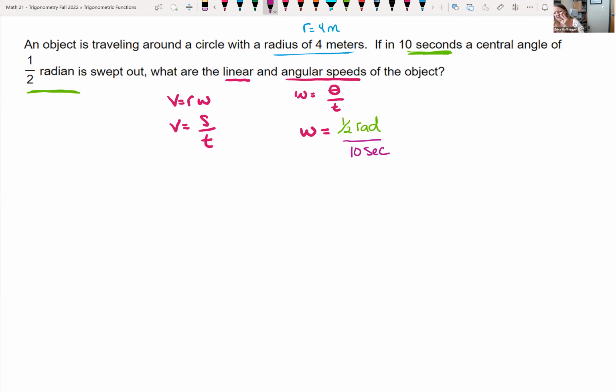We're dividing by a fraction, a complex fraction, so we can think of it as 1/2 divided by 10, rewritten as a multiplication problem: 1/2 times 1/10. So this would equal 1/20 radians per second.